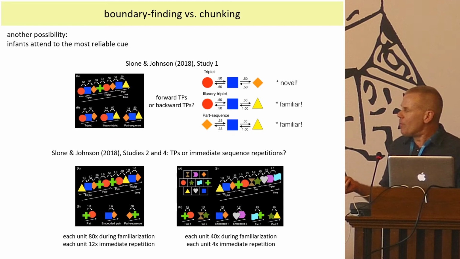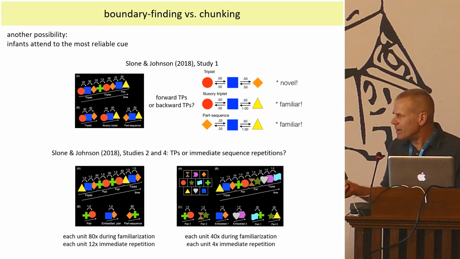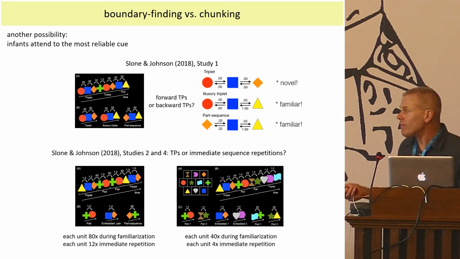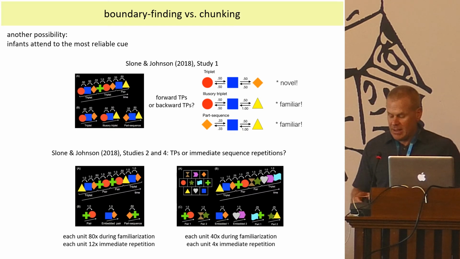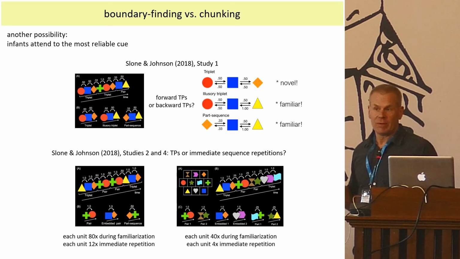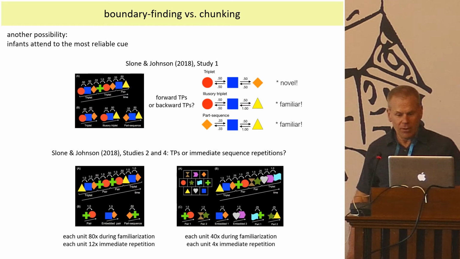In fact, I just went and counted in the sequences the babies saw during study 2 and study 4, and it turns out that each unit repeated on average about 12 times in study 2, but only about 4 times in study 4. So this implies that even though the transitional probabilities were well controlled in studies 2 and 4, we did not control for immediate repetitions, which were much more frequent in study 2 versus study 4.